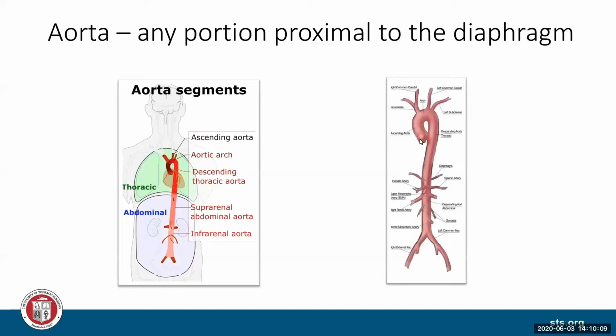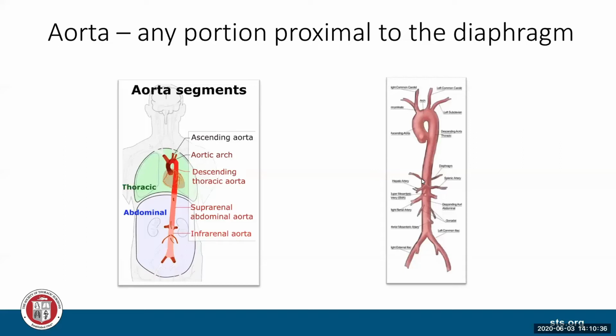Here's a couple diagrams. This is the aorta. You have your head vessels here, off of the arch. This is the distal section. And you can see here, this is where the aorta crosses through the diaphragm. I think it's actually kind of behind it there. And it is proximal to the splenic and hepatic artery.